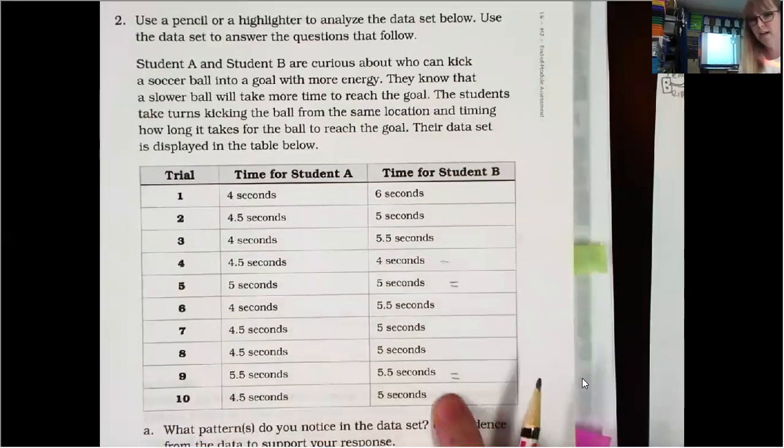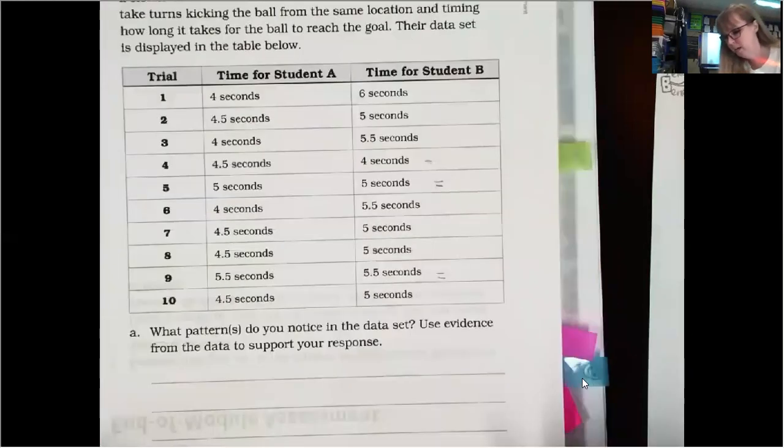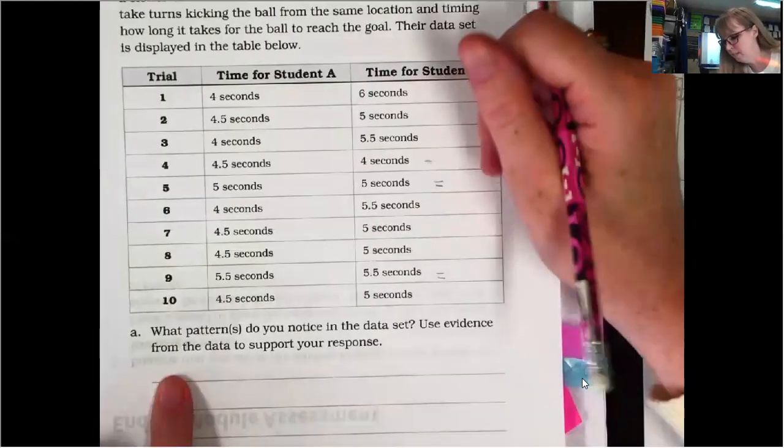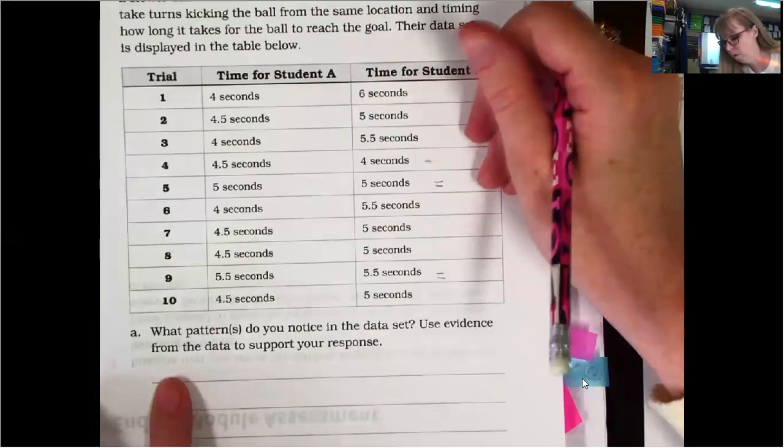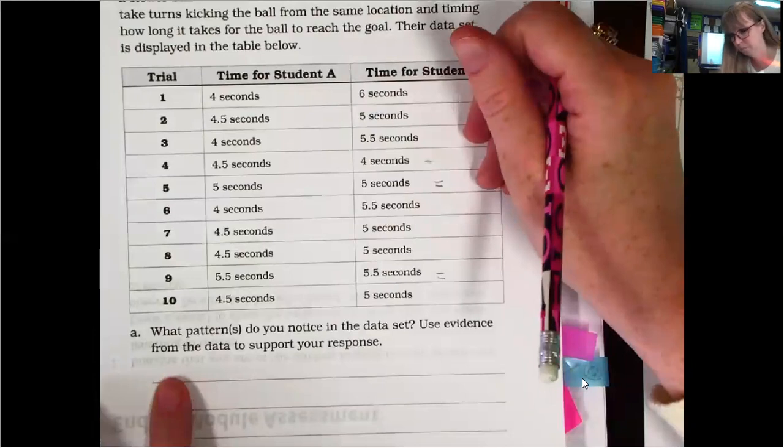So look down at A. Question A says, what pattern do you notice in the data set? Use evidence from the data to support your response. So let's look at what's expected.